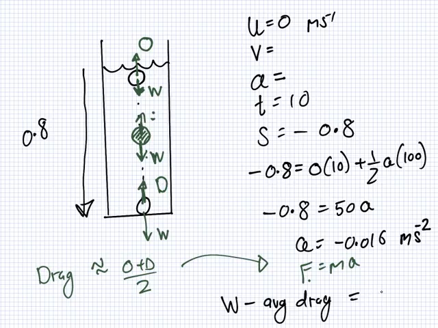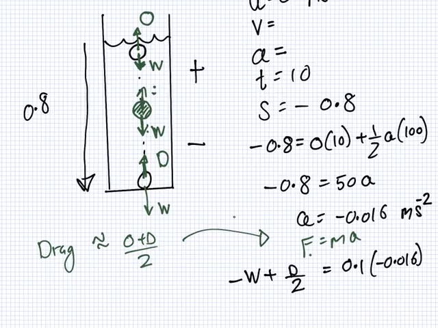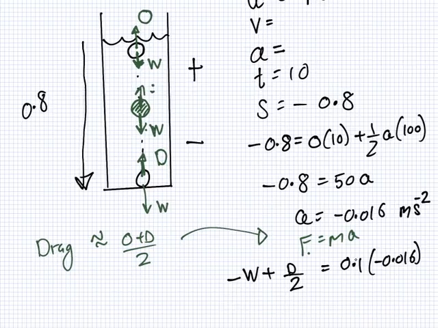Now actually, I'm taking down as negative, so I'll write minus W plus D over 2 equals M, which is, sorry, what was it? 0.1, and the A is minus 0.016. Because I'm taking down as negative and up as positive. Negative, positive, yeah, okay.